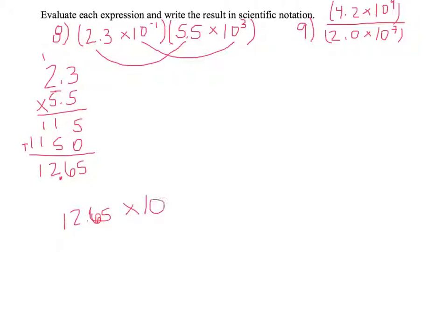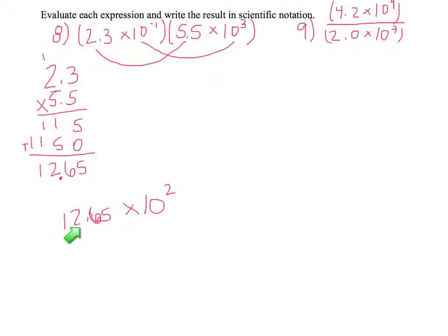times 10 to the, well, when I multiply the same base, I simply add the exponents. So -1 plus 3 gives me 2. So it's 12.65 times 10 to the second power, because -1 plus 3 is positive 2. But it's not in scientific notation, or at least not proper scientific notation.